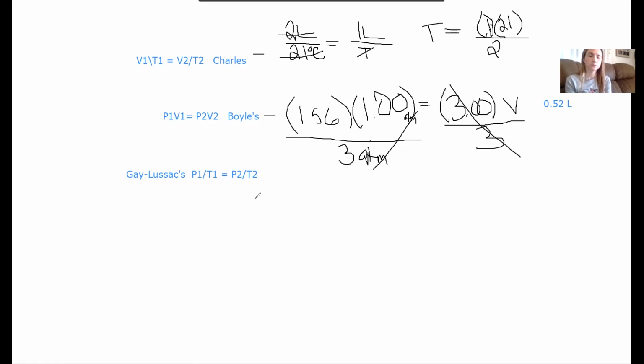So what's our original temperature? Okay, so that'll go in on the bottom. 323 Kelvin. And it cooled down to 273.15 Kelvin.